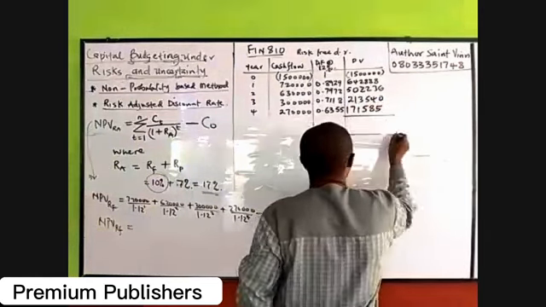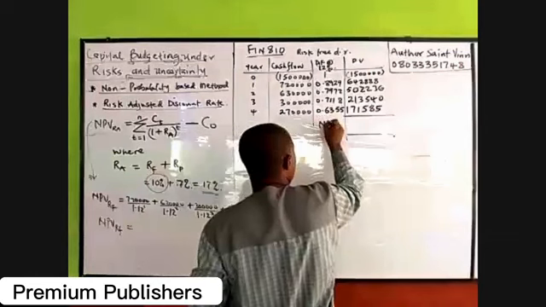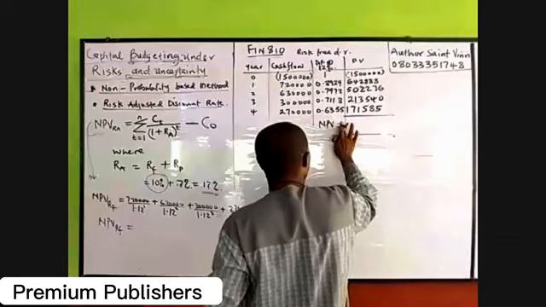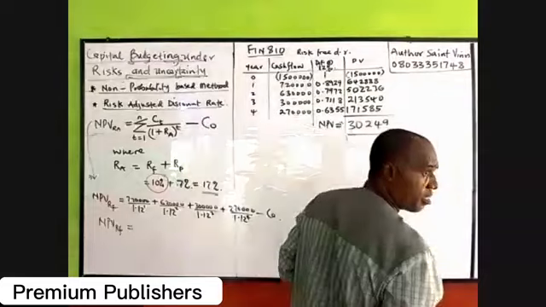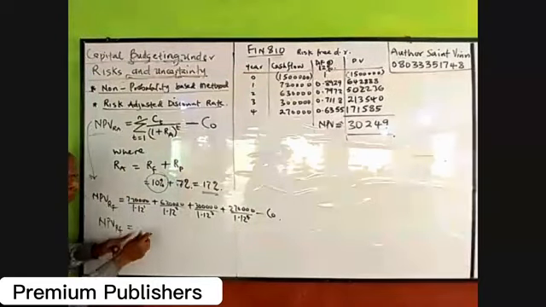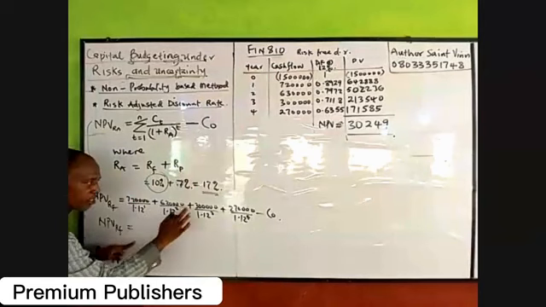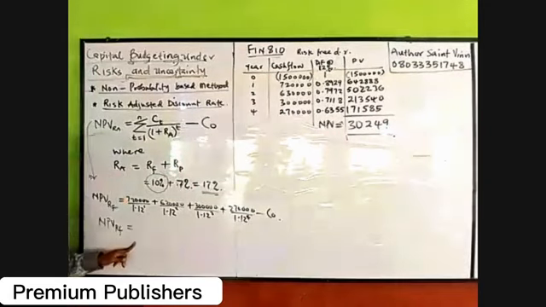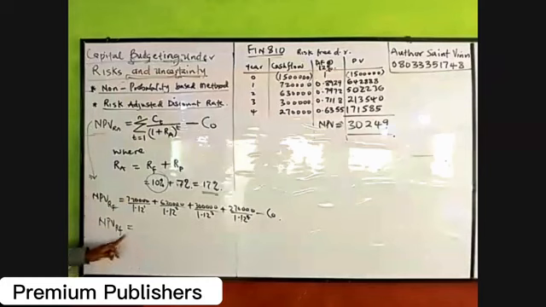Somebody add all this. 30,249. Is that correct? Somebody help us with this one. It should be the same. This minus 1.5 million. It should be the same thing, but find out.